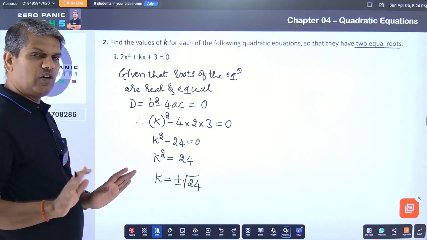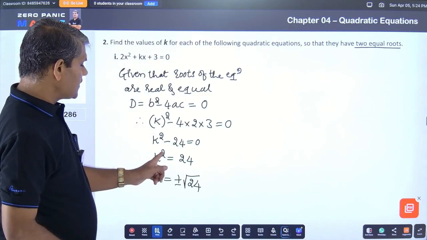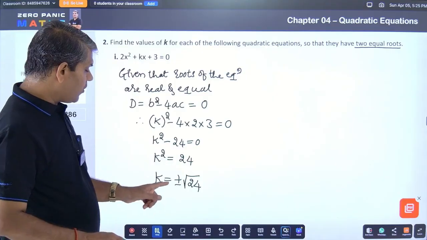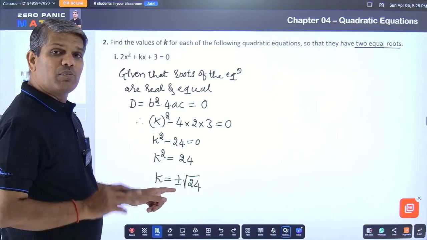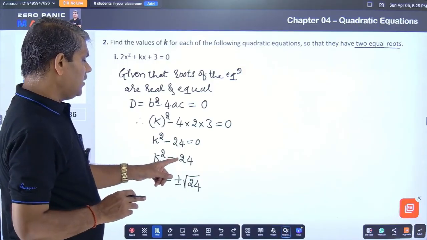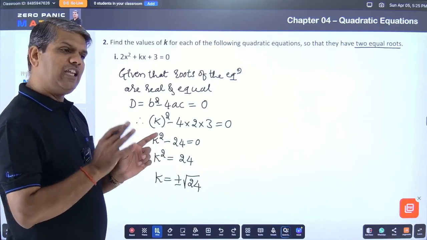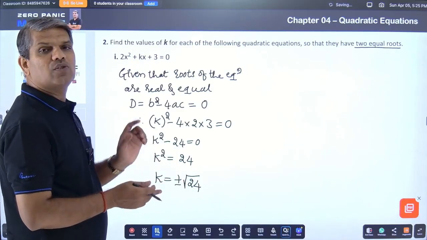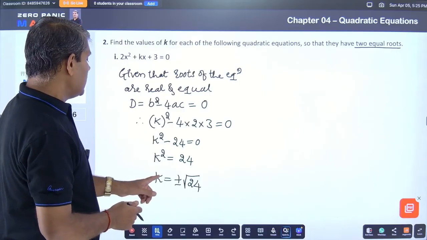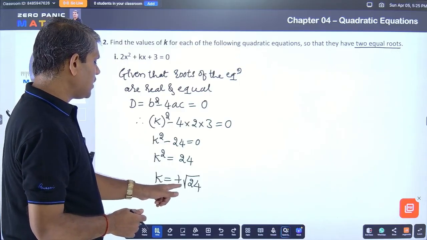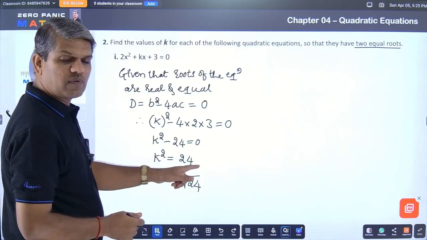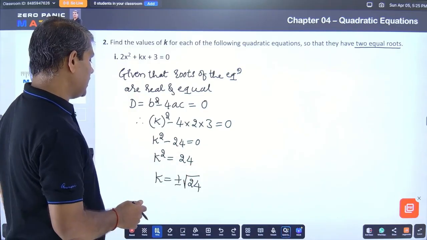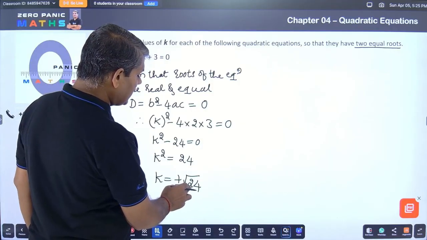Whenever you transfer square to that side, you have to always write plus or minus, because the square of any negative number and positive number both make the value equal. So that's why we have to write this plus or minus always when you transfer square to the other side.